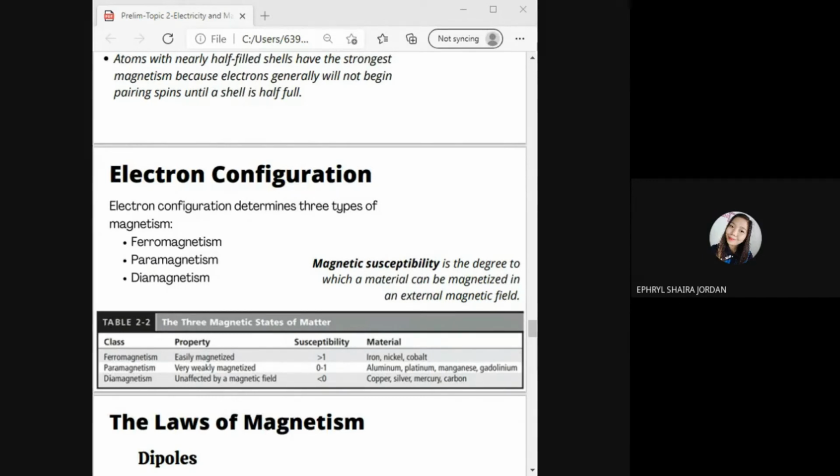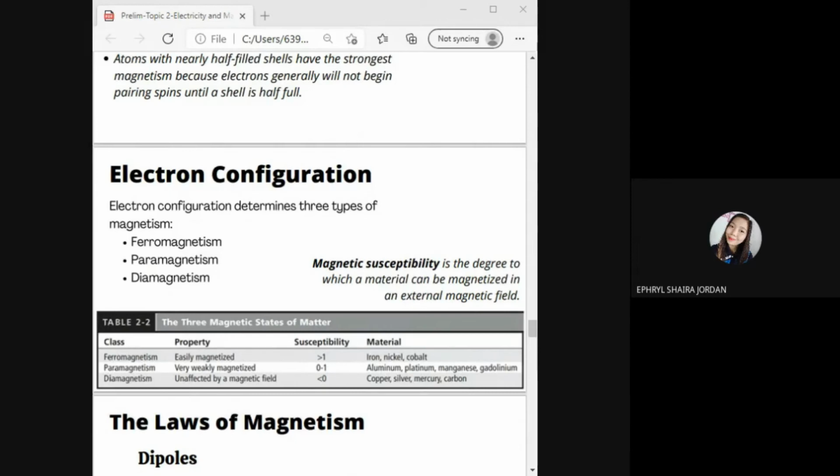So paramagnetic materials have magnetic susceptibility of less than 1. So this means that they are weakly influenced by an external magnetic field but do not exhibit measurable magnetic properties of their own. And such materials are platinum, oxygen, tungsten, manganese, and gadolinium. So, hindi siya masyadong na-influence ng external magnetic field.